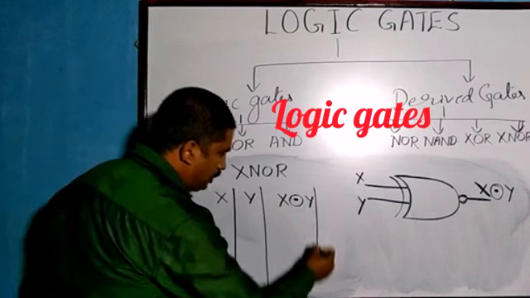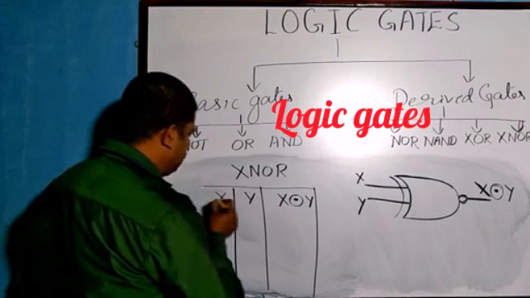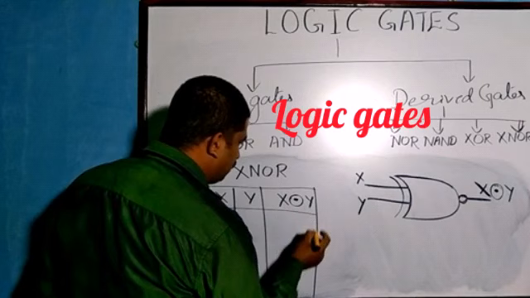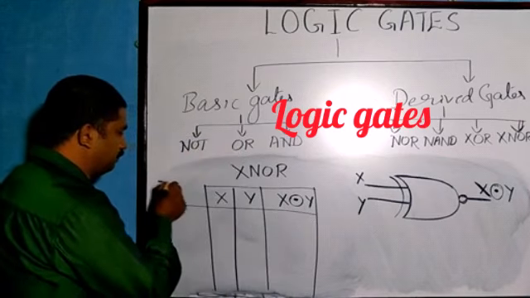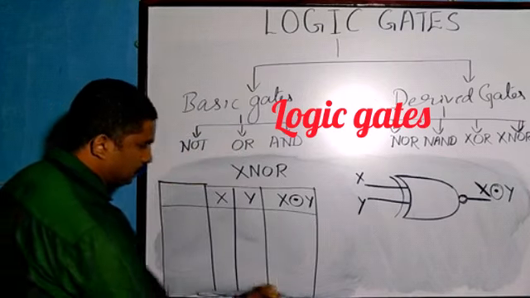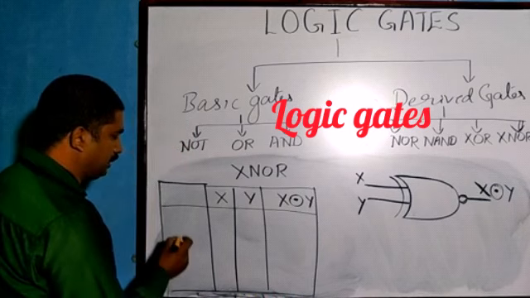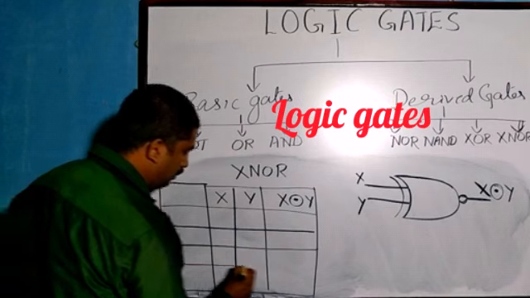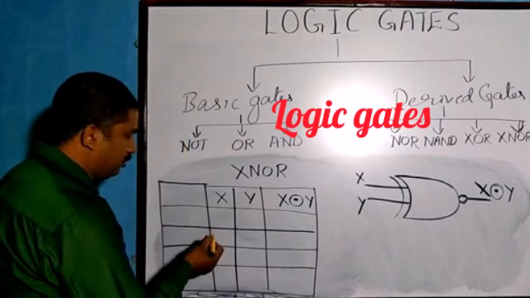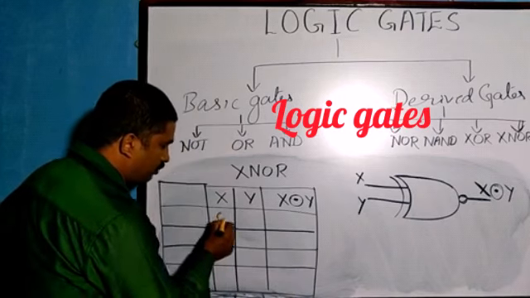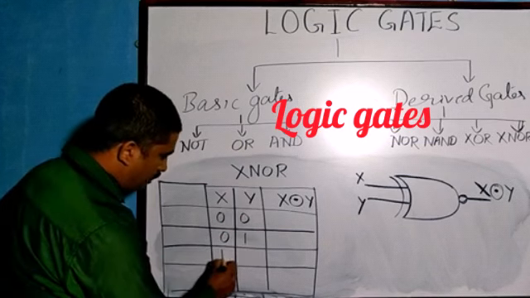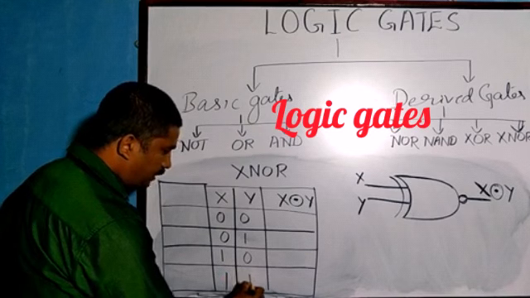Then we have, as usual, inputs. Then we need another extra column to get the odd and even numbers. So first write the inputs 0 0, 0 1, 1 0, 1 1.